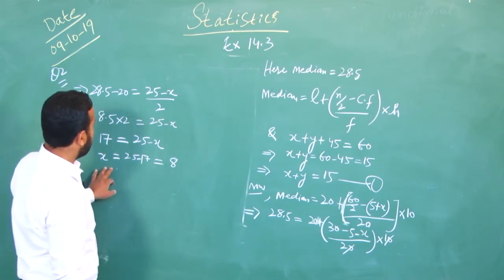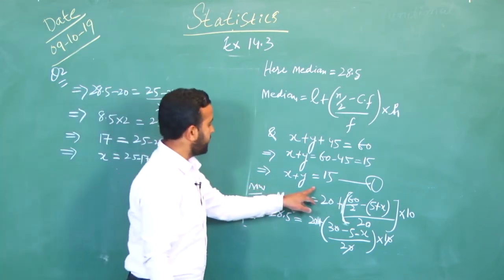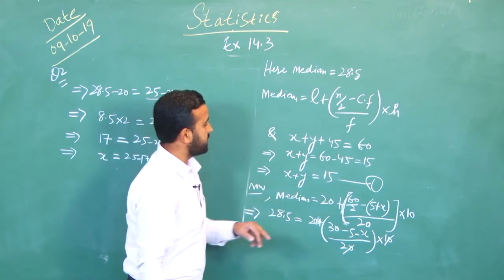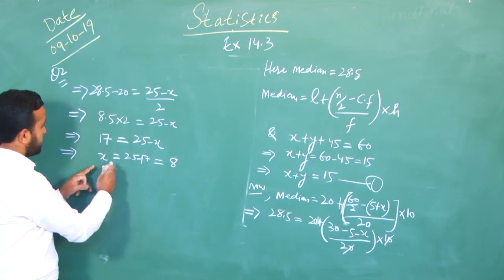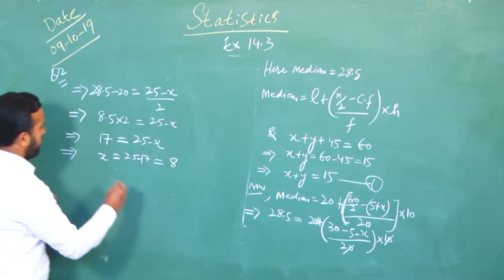Now we have already treated x plus y equal to 15 as equation number 1. Now we can use the value of x equal to 8 in equation number 1.